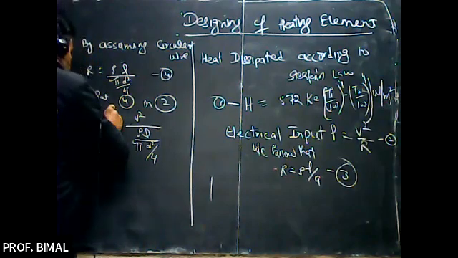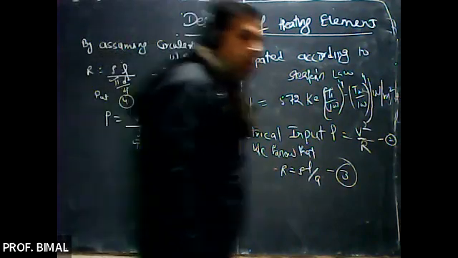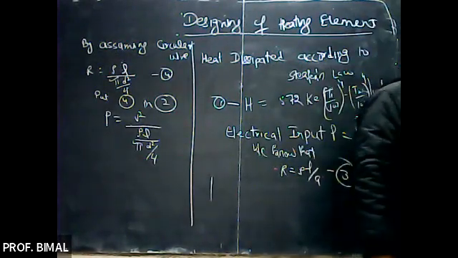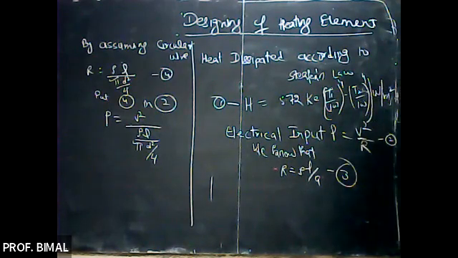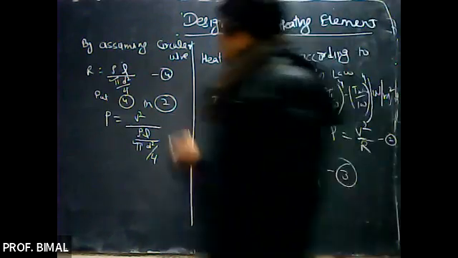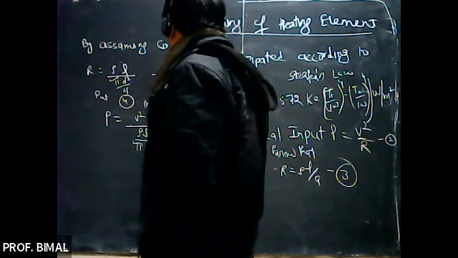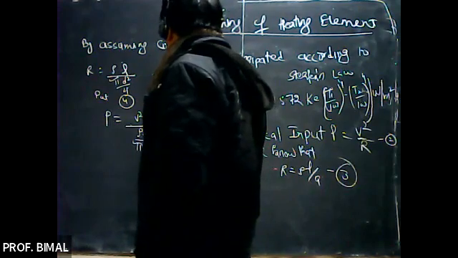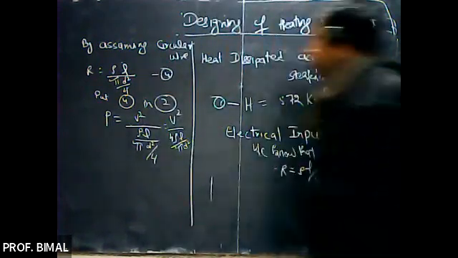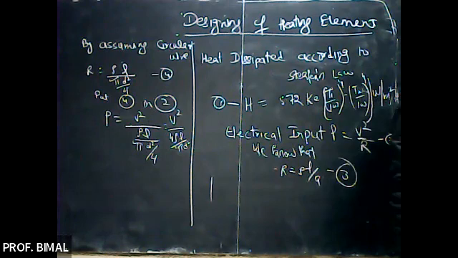So the electrical power input across the heating element will be given by V square upon 4 rho L over pi d square, right? So this is your electrical power input across the heating element.